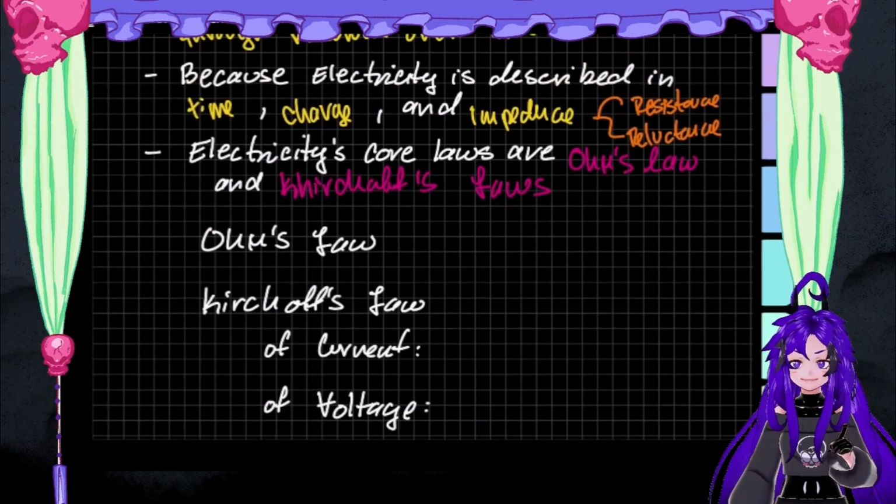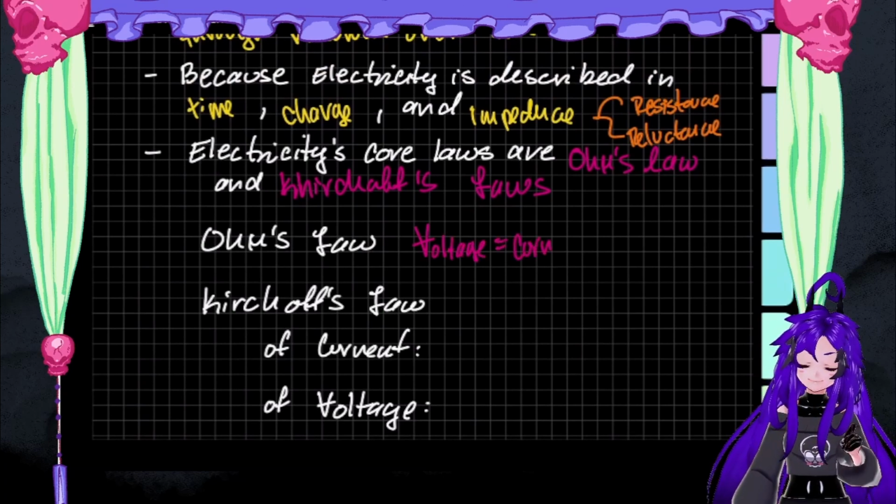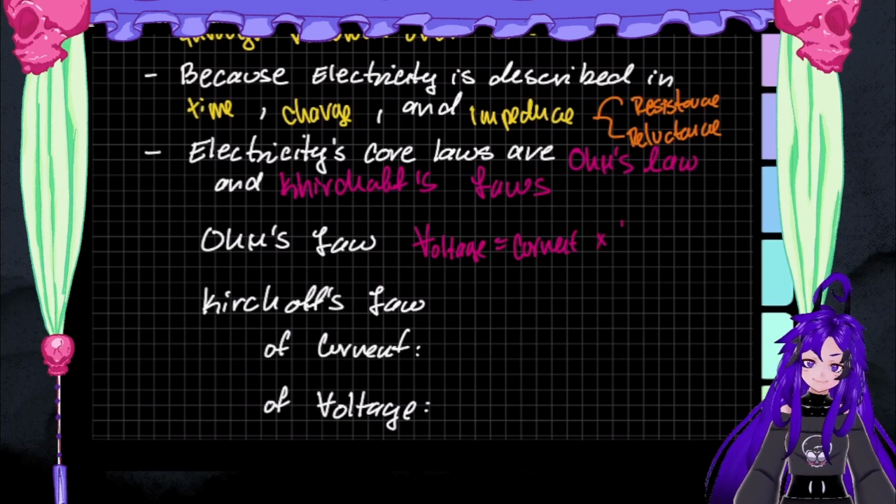And we said that Ohm's law is what relates voltage, current, and impedance. So it's voltage equals current times impedance. And we use a Z to represent impedance.